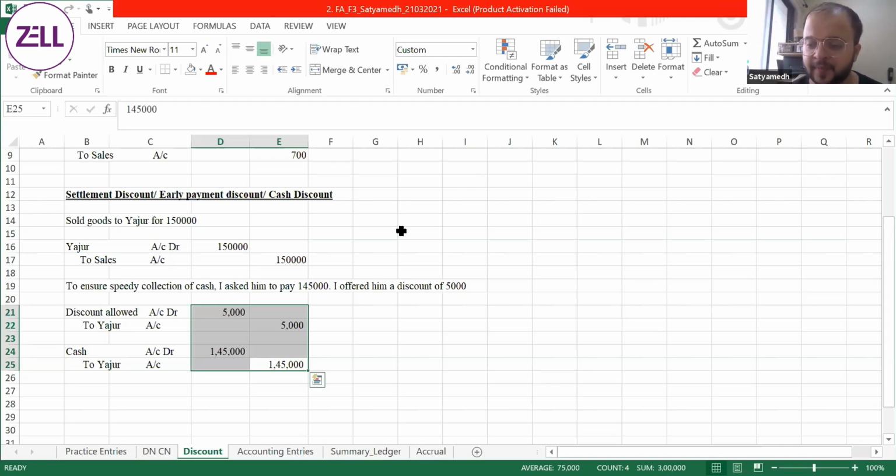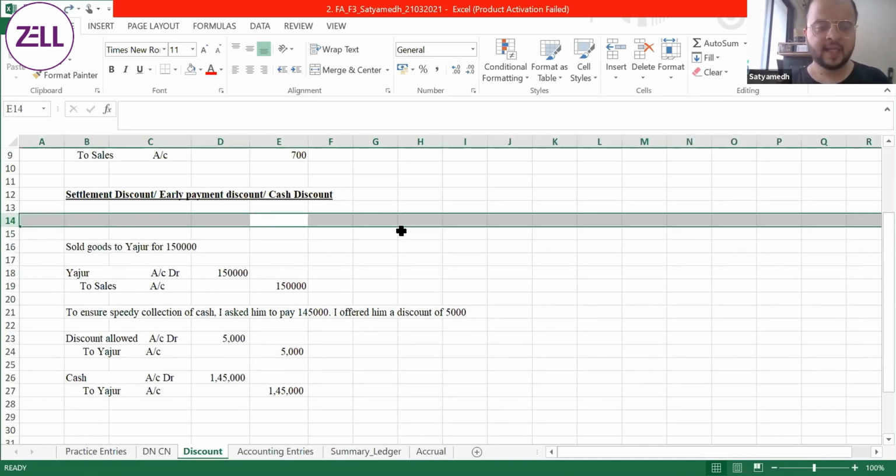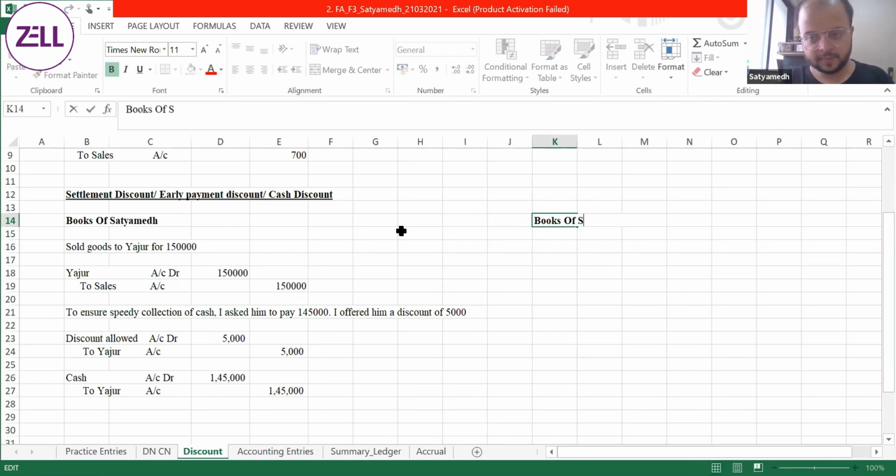सिंपल सा ट्रांजैक्शन है. अब गाइस टेल मी समथिंग, लेट्स डू दिस अकाउंटिंग. ये किसके बुक्स में है? ये मेरे बुक्स में है. अगर आपको याद है, इन 11th and 12th यू यूज्ड टू राइट इन द बुक्स ऑफ आशुतोष जर्नल एंट्री, और फिर करते थे ना. तो हियर आई विल राइट बुक्स ऑफ Yajur. मैंने सेल किया तो भाई साहब क्या करेंगे?